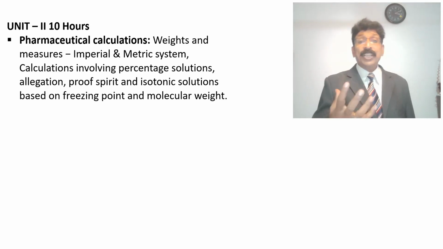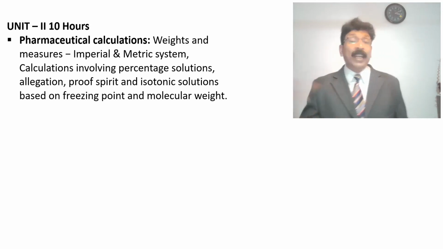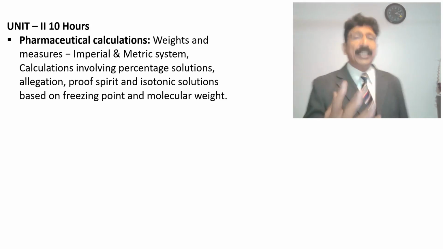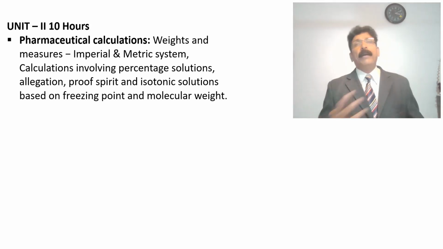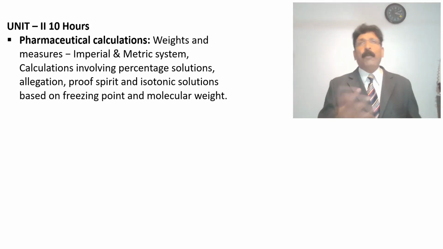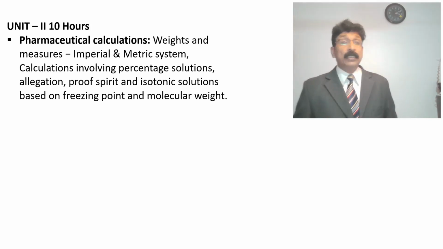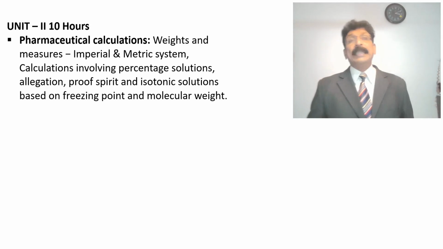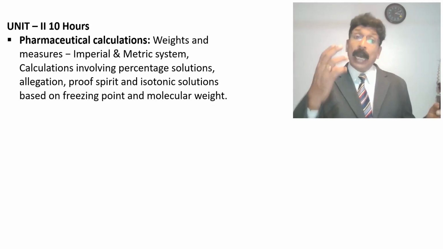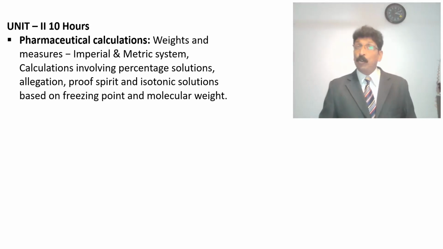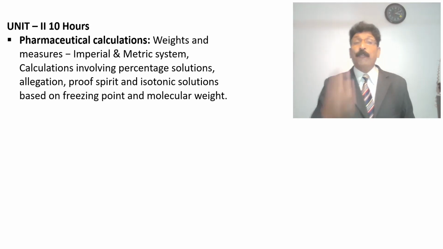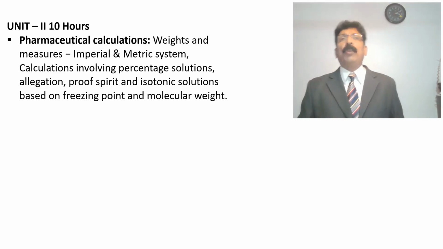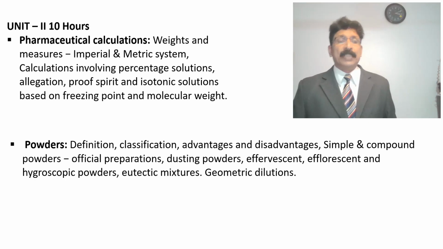Allegations, the meaning is different, but here allegations means different melting point or boiling point ratios of solvents which are mixed together, how to mix them, and proof spirit and isotonic solutions, how to prepare, based on freezing point and molecular weight. These all things will be studied in this chapter.